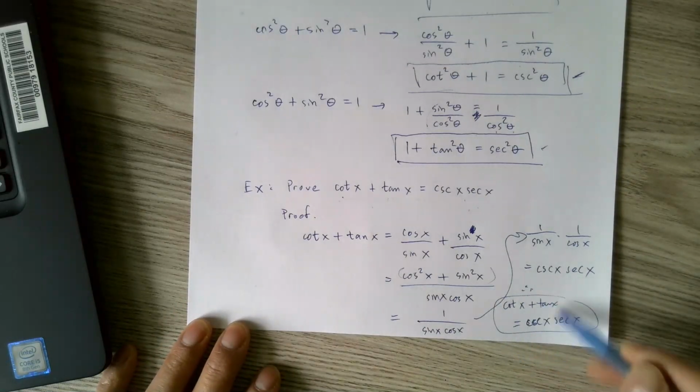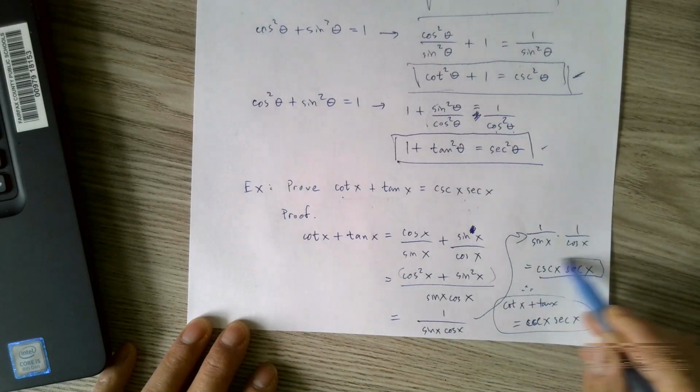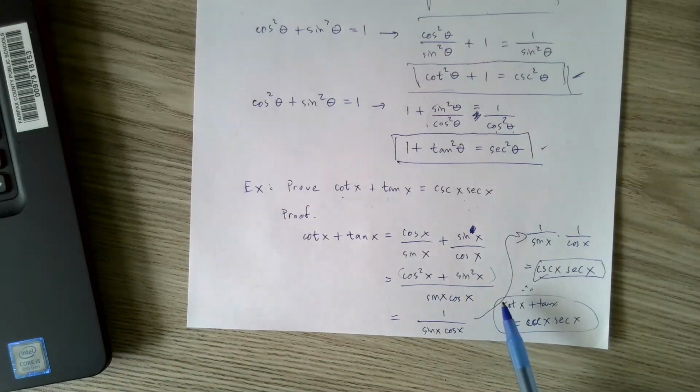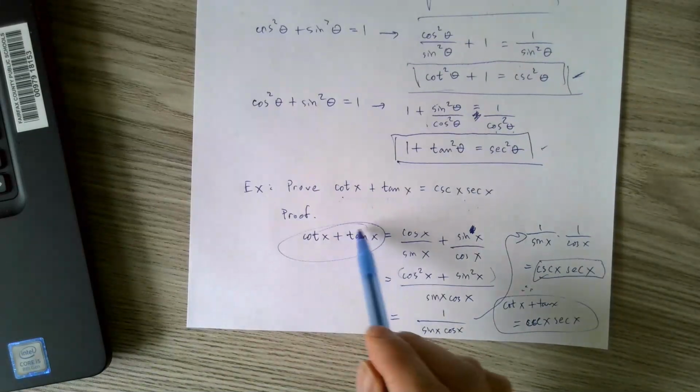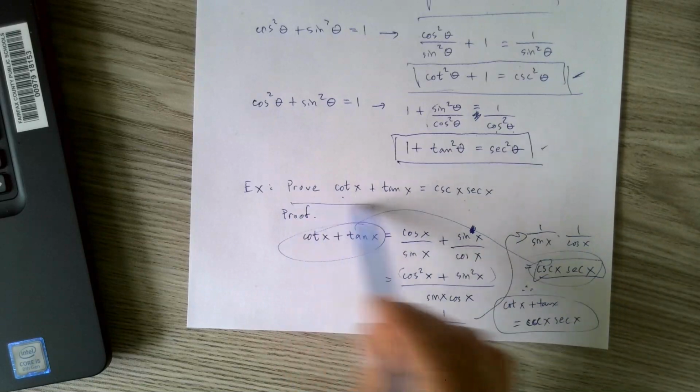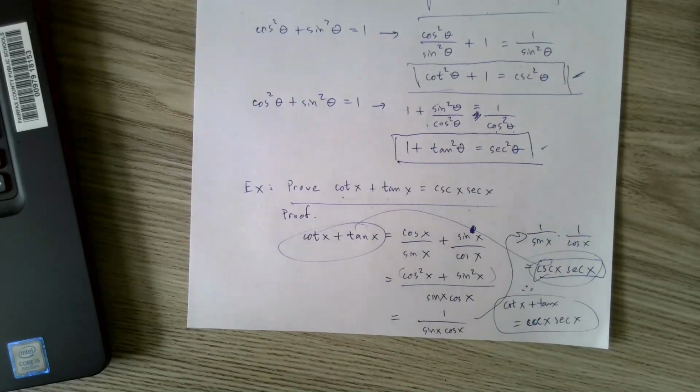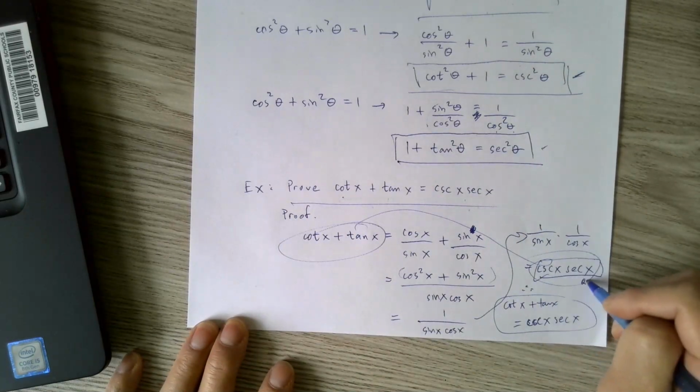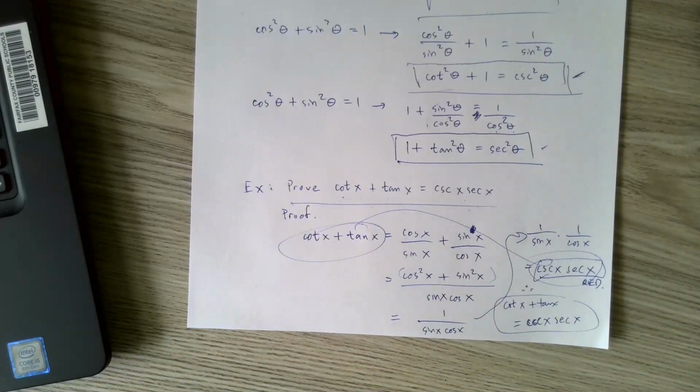But you don't have to do that last step. You can just end it here, because if you're presenting this to me or someone else, I can see that you started with this and that it equals this, and I know that that's what you're trying to prove. So QED, it's proven.